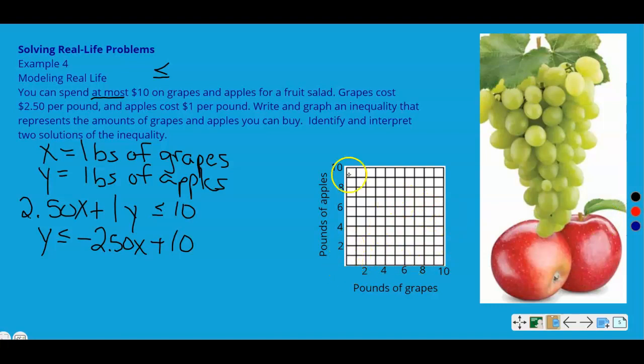So I only have a graph here that's in quadrant 1. Having negative numbers for pounds of grapes and apples is not going to be applicable in this case, so it wouldn't make sense. So we're not going to use anything but quadrant 1. So let's graph our y-intercept at 10. So I'm going to have a point here. And then my slope is negative 2.50x. So down 2.5 over 1.